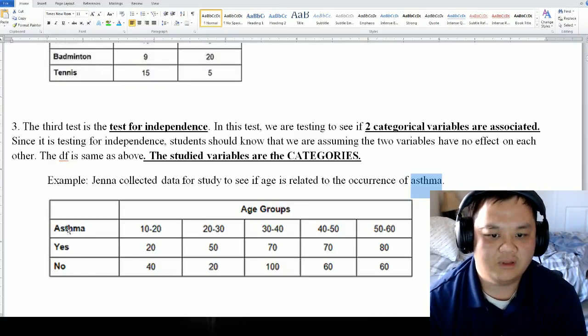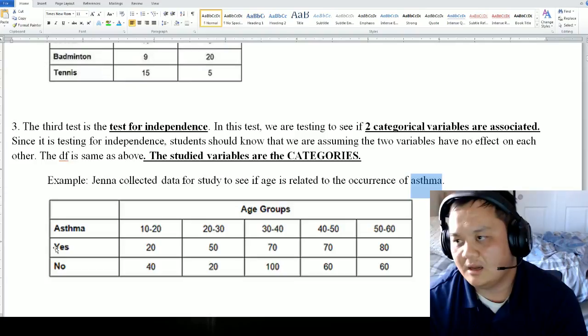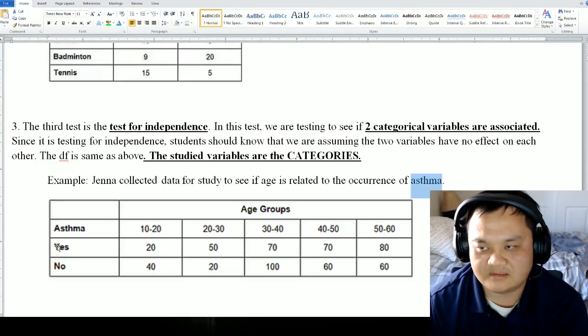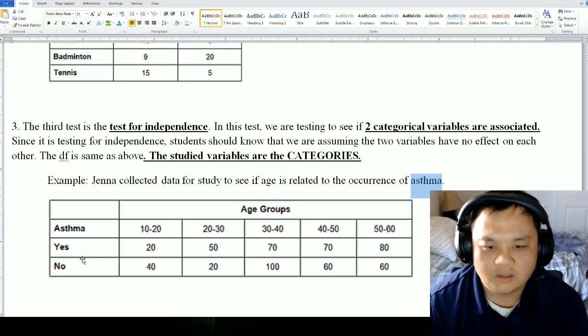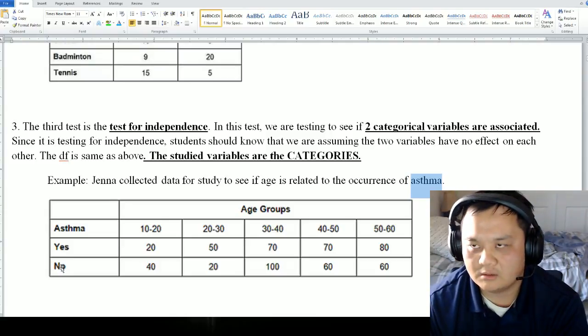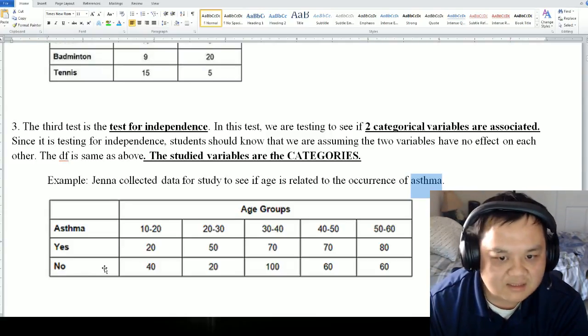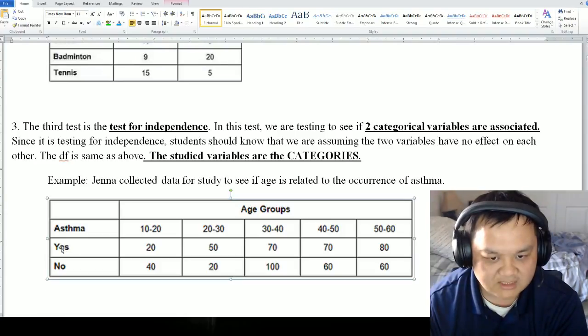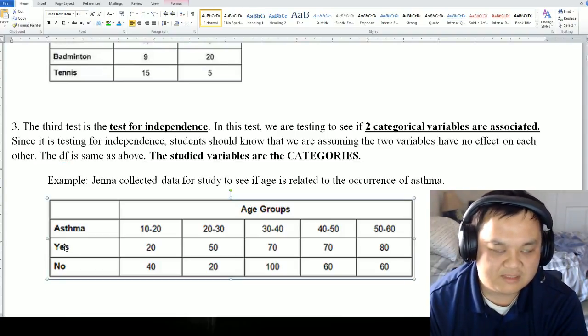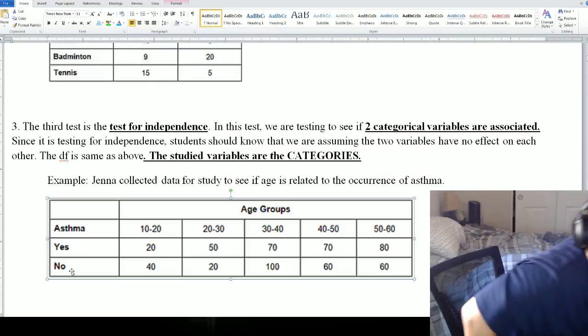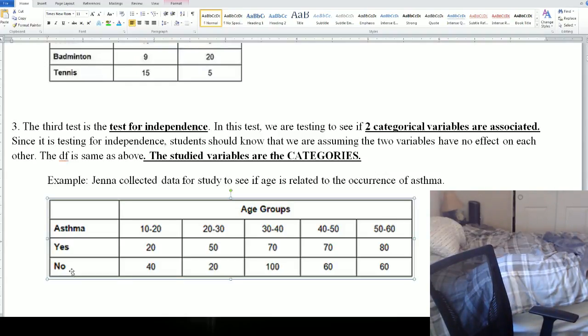It could be asthma, diabetes. You could also have blindness, right? So this yes becomes diabetes, and no can be blindness, right? Does that make sense? Okay. Good.